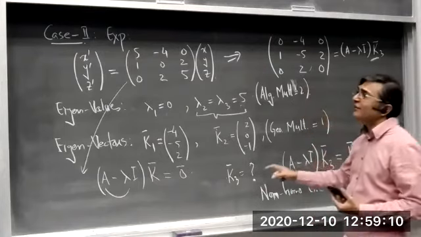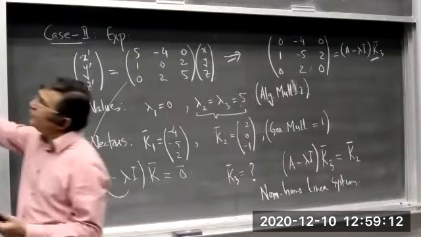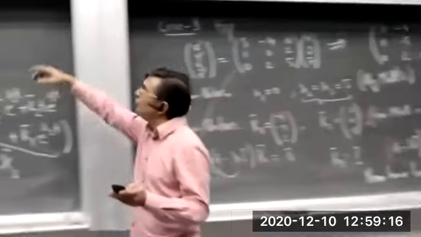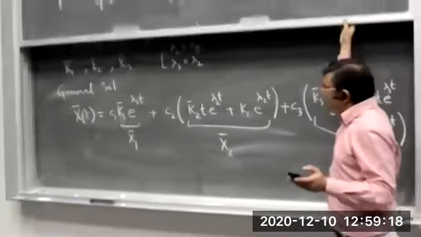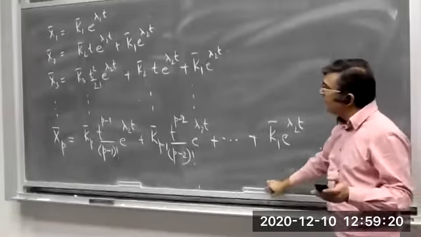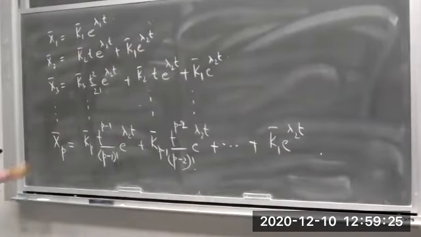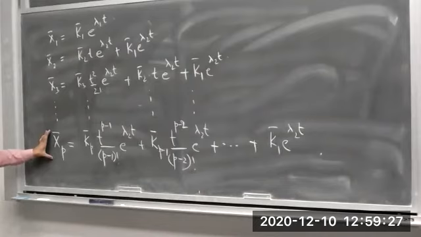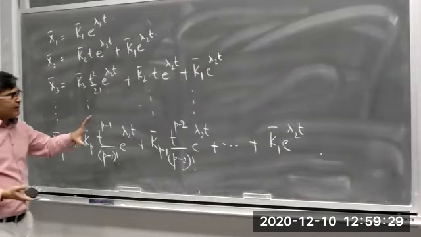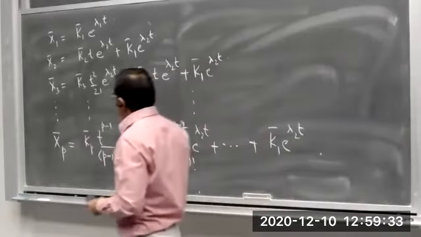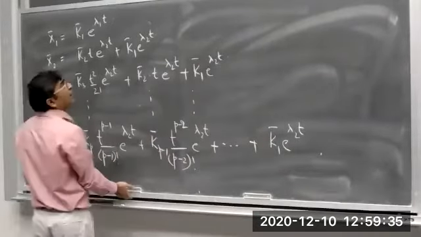How to find k3? I have given you these formulas on the other board, which I have shown you here. These are basically the generalized formula. This is the general formula in order to find the third linearly independent solution. And in this formula, how to find the eigenvectors.